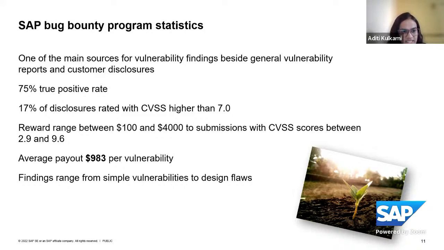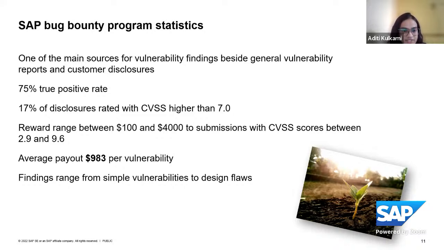There is a 75% true positive rate in the findings that we have received, which is actually a pretty good number. Out of all these confirmed findings, we have seen that 70% of the reports have been of severities high and very high, which is CVSS 7 and above.